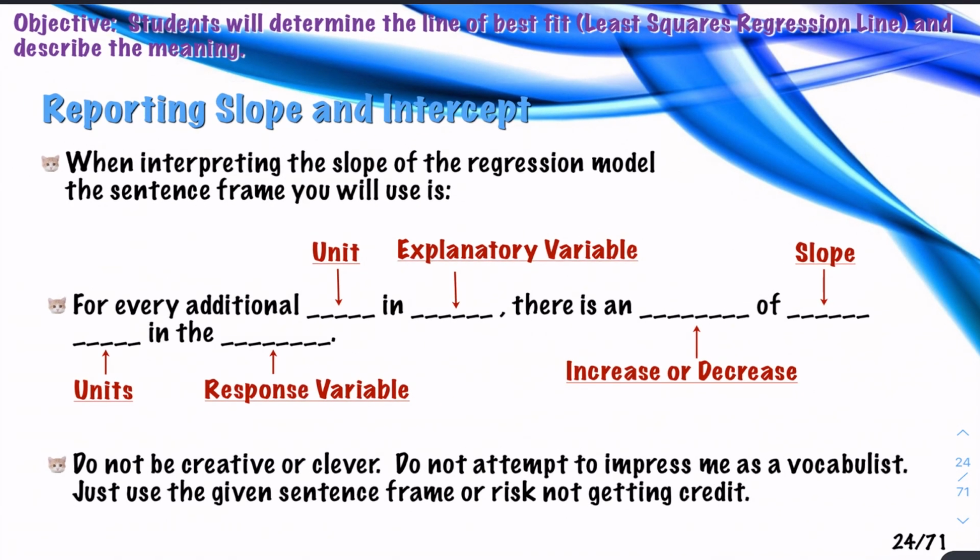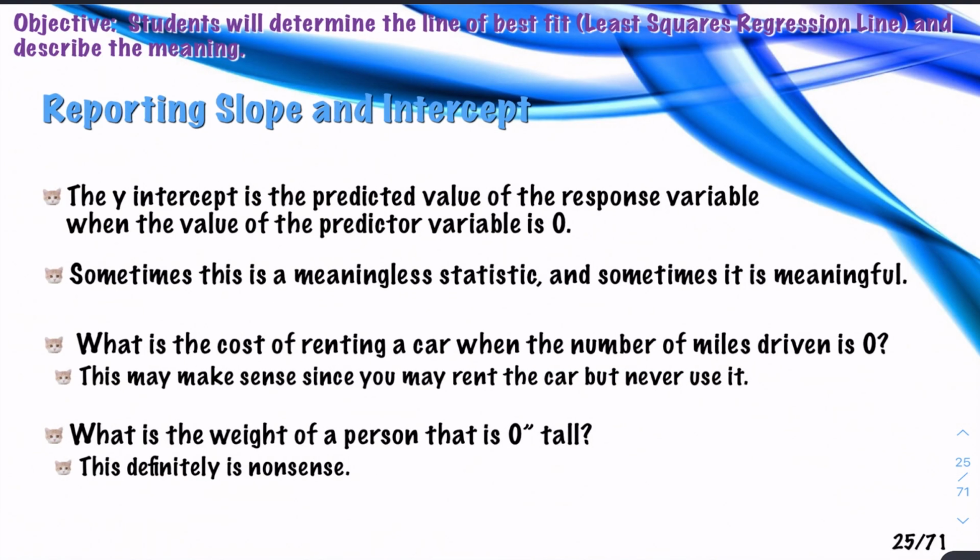I'm going to tell you, do not be creative or clever. Do not attempt to impress me as a vocabulist. Just use the given sentence frame or risk not getting credit. When you get to the AP test and you don't use this type of sentence and you wing it, you're not going to get credit. And that's the whole goal here.